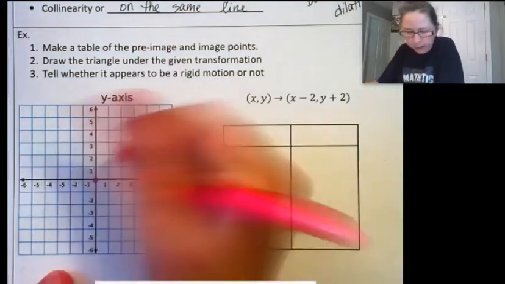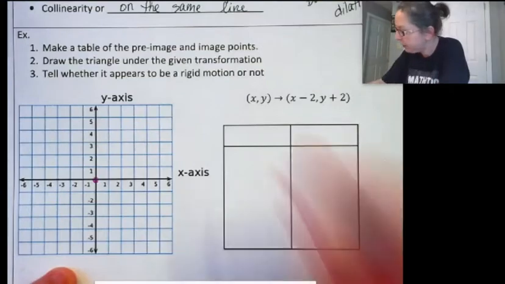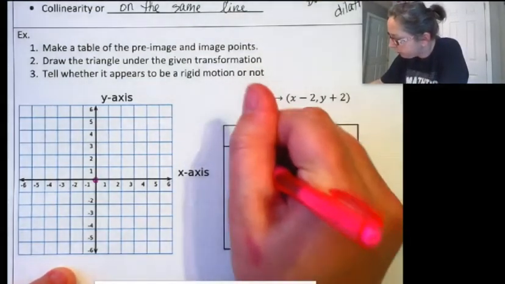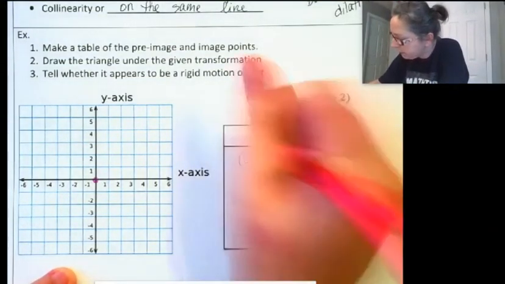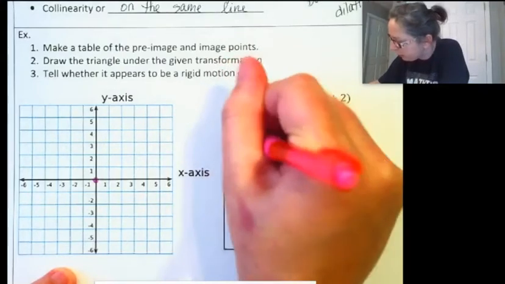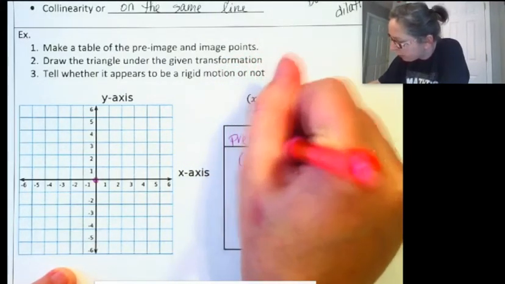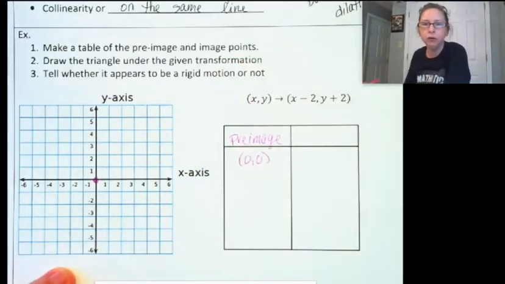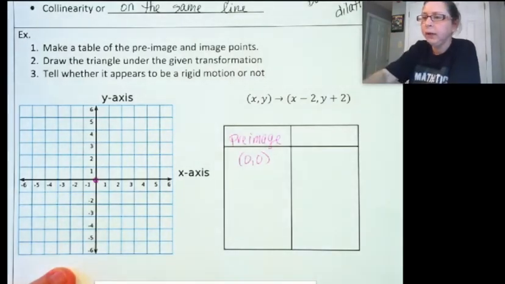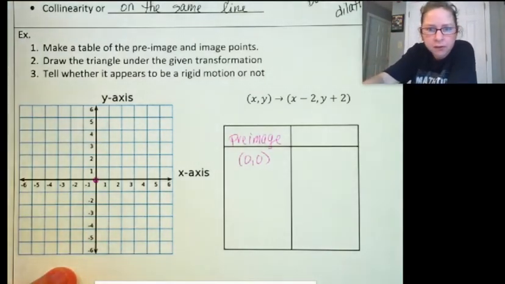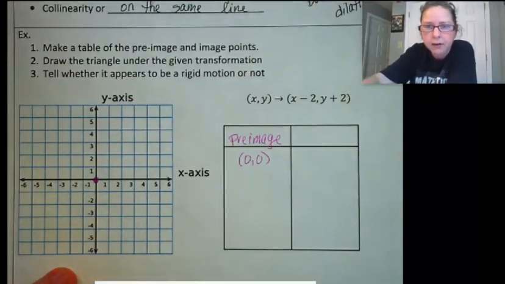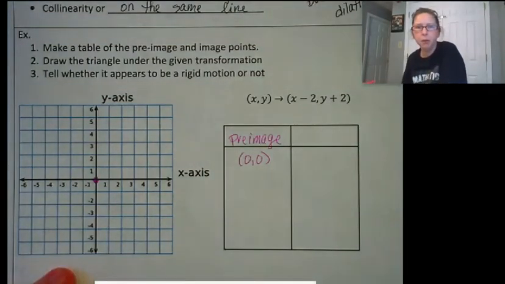So one of my points is going to be 0, 0. And this is my pre-image. Remember that pre-image is what you have originally. Do I need to make this a little darker for you to see the pink? Yes, I do. Okay, so hopefully that will help.